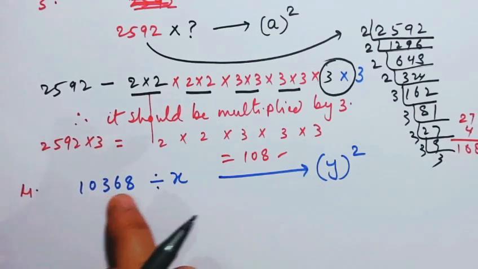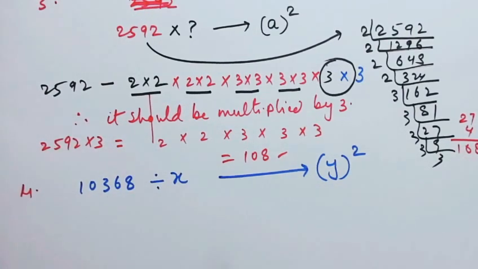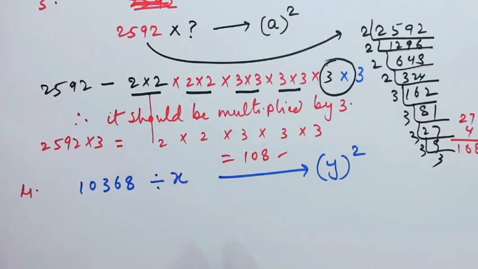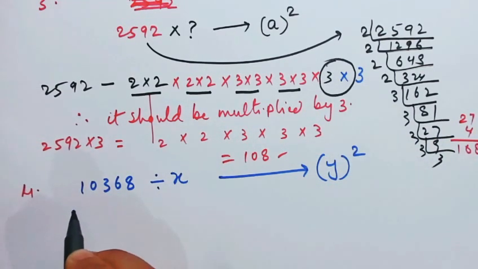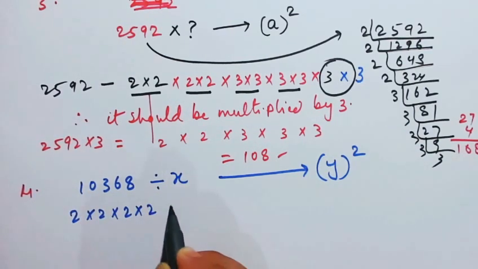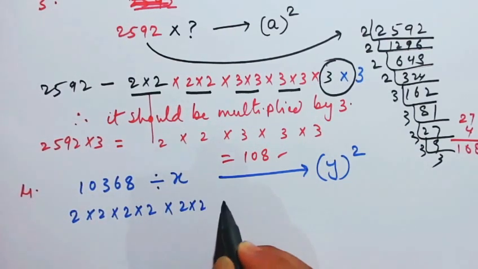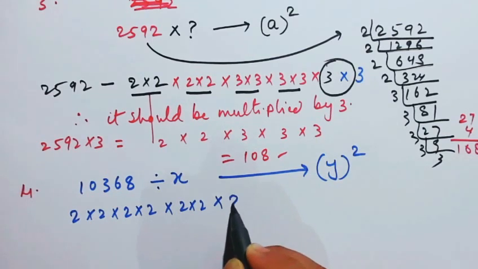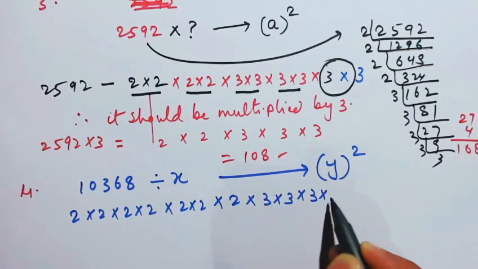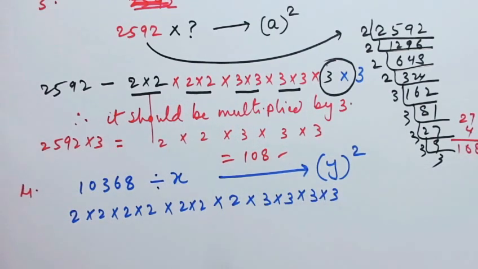So 10368, when you factorize it, what are you going to get? You will get 2 times 2 times 2 times 2, 2 times 2 times 2, 3 into 3 into 3 into 3.